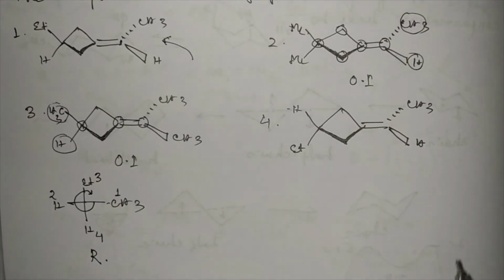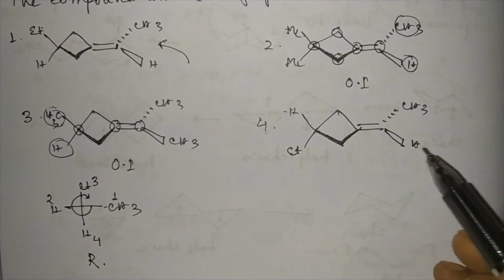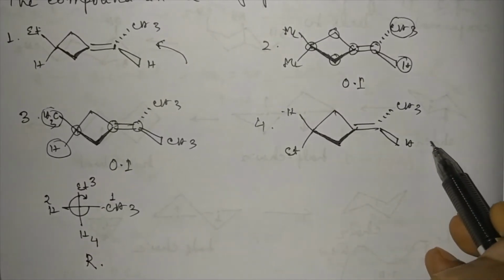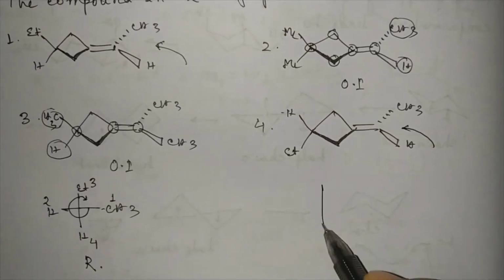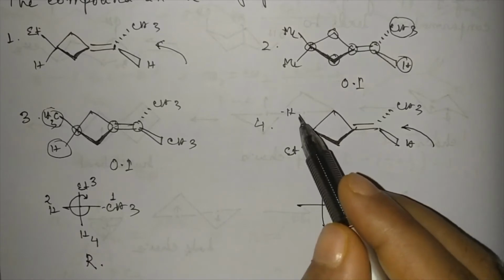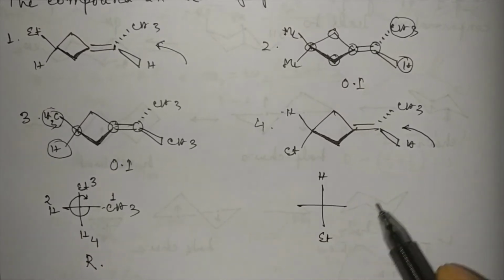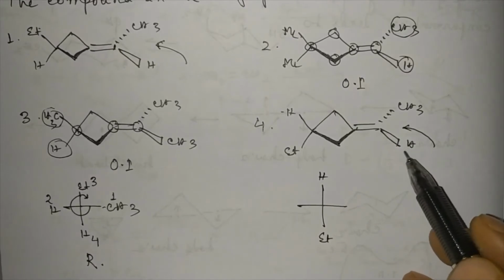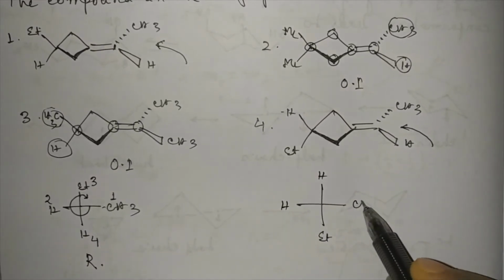Whereas if we also see the configuration of this compound, then we have to see in this direction. These two will be in vertical position, so here hydrogen, here ethyl, and here hydrogen is on the left, so here will be hydrogen, here CH3.